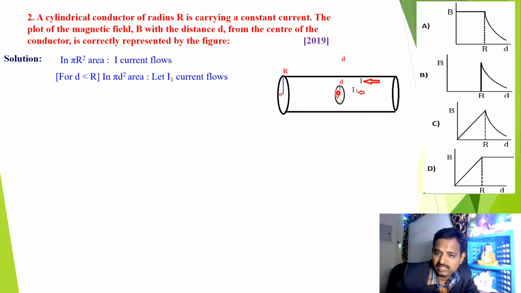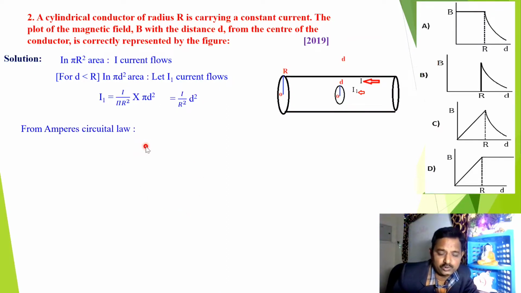Through that pi d square area I am considering current I1. So pi r square area carries current I, which means pi d square area carries I1 equal to I by pi r square into pi d square. Here pi cancels, so we will get I d square by r square.